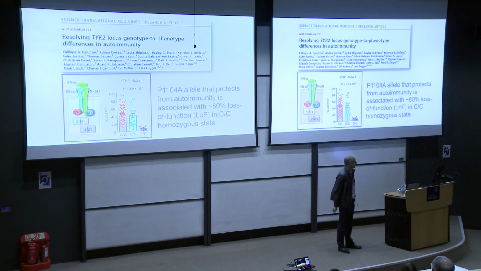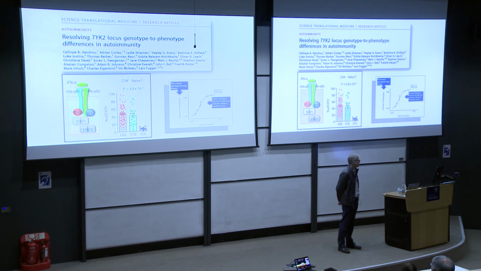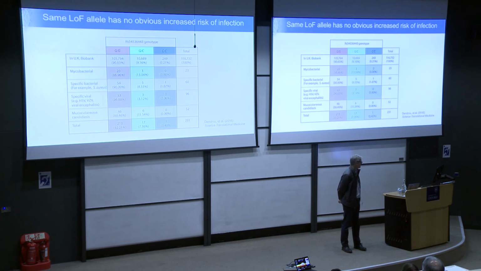And more specifically, about 80% loss of function in this homozygous state is associated with protection from autoimmune diseases, again, including psoriasis. Again, now on this dose response curve, we're beginning to see not just the associated alleles with clinical phenotypes, but the magnitude of effect and the effect on function specifically.